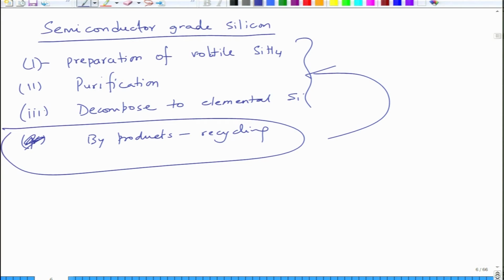In this case there are 3 processes that we generally use, but generally the Siemens process is the one. The Siemens process is the first process used to make silicon, and then we have the Union Carbide process.